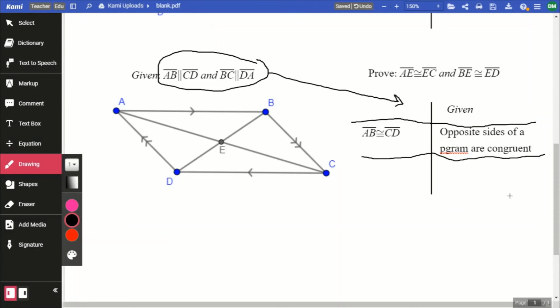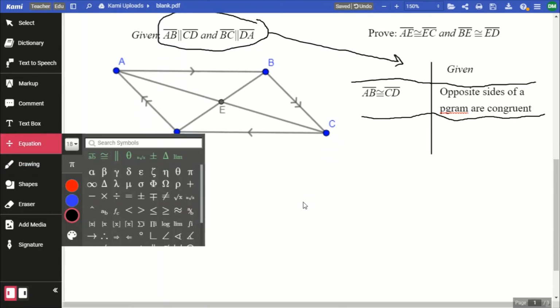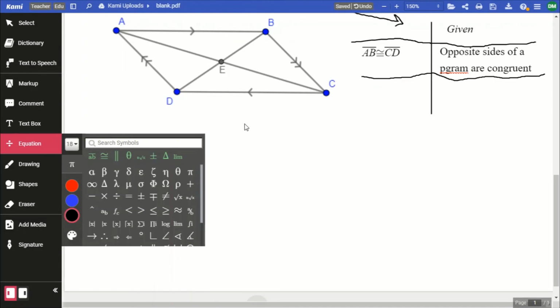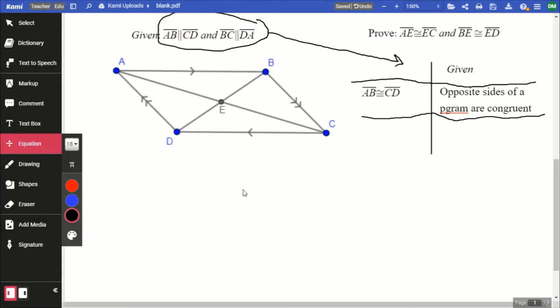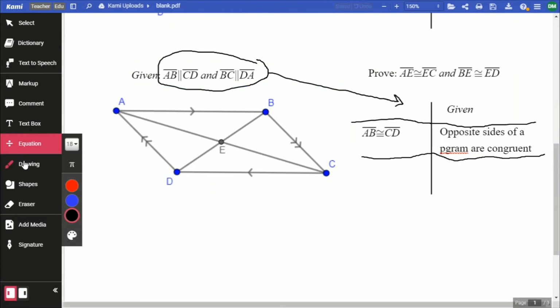So this is kind of why we prove these properties, because then we can use them again. All right, now we're going to find a couple angles. So we're going to use angle BAE, and angle BAE is going to be congruent to angle DCE, so I'm scrolling up so you can see that a little bit better. So BAE and DCE, and let me draw those in.